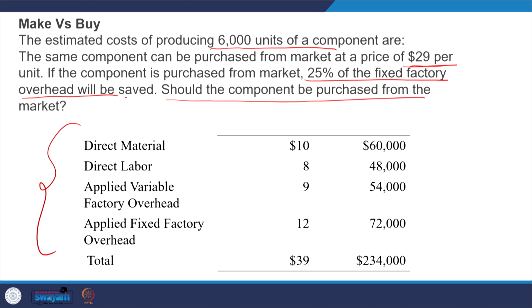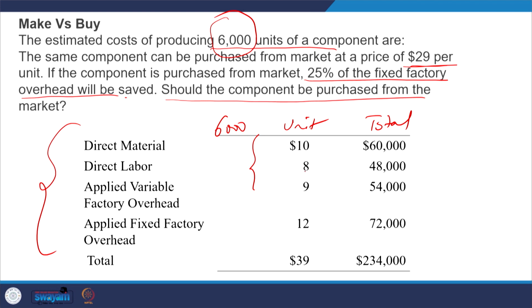So, here the data is given to us as it has been mentioned. The direct material that is involved here is $10 per unit, and 6,000 units are to be produced, so this is to be multiplied with 6,000.